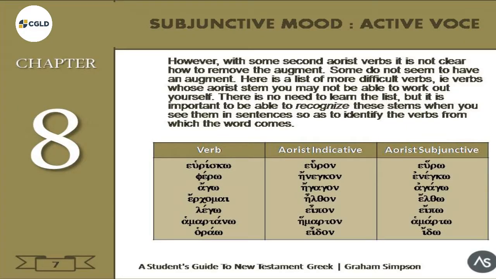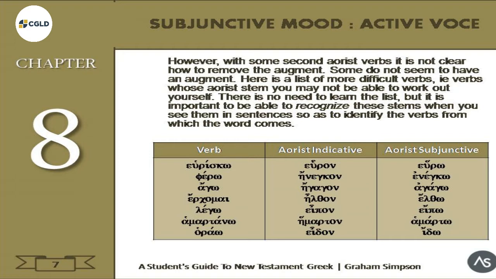However, with some second aorist verbs, it is not clear how to remove the augment. Some do not seem to have an augment at all. Here is a list of more difficult verbs, that is, verbs whose aorist stem you may not be able to work out on your own.